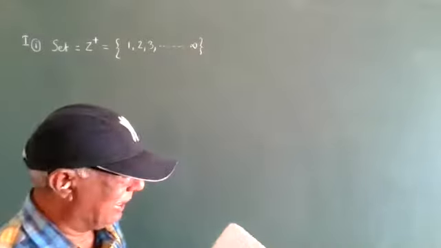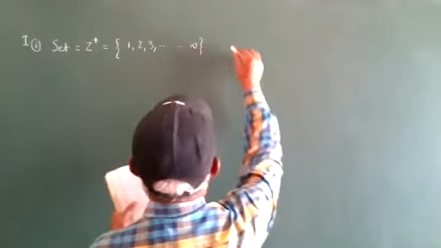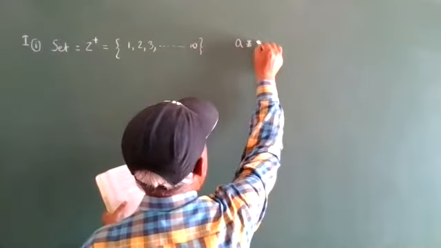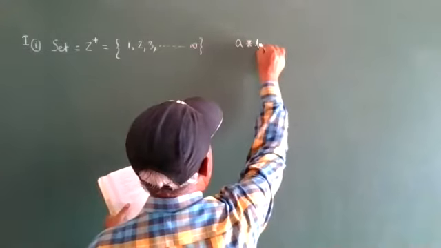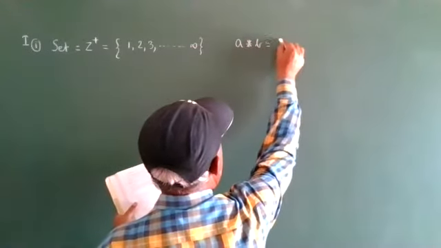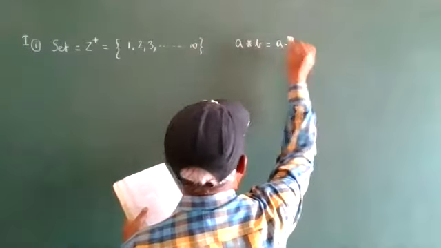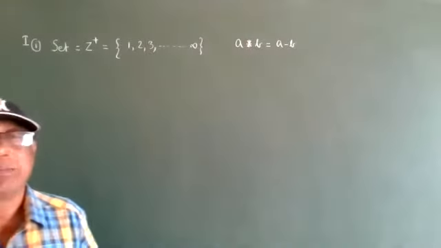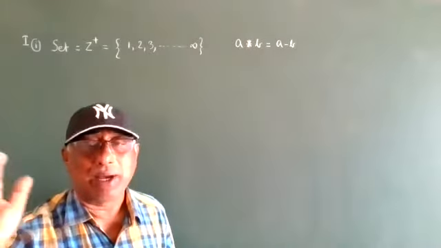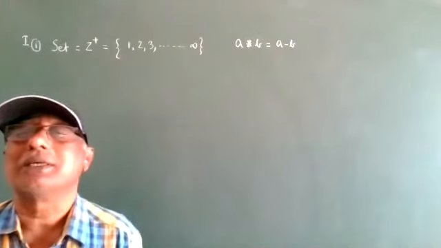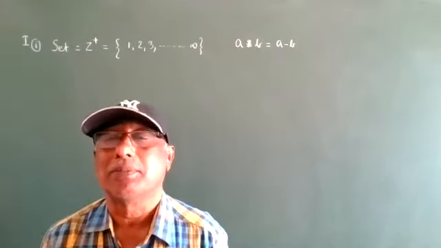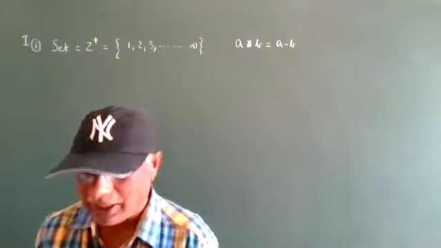Star is defined by A star B, the operation, as A minus B. The star's place is given by minus only.